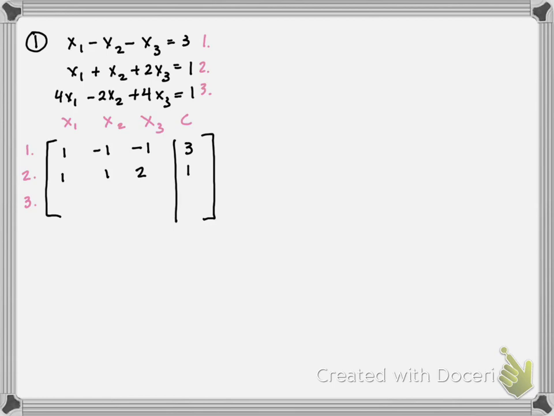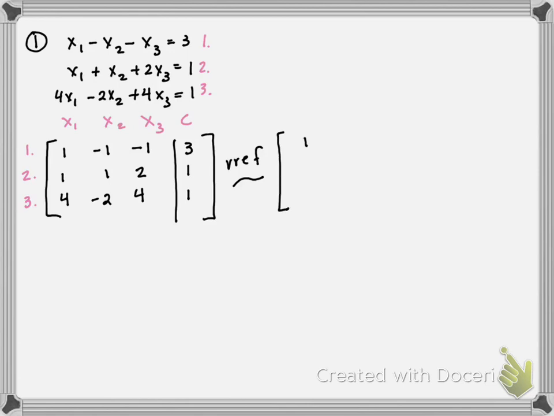And in the third equation, we have 4x1, negative 2x2, 4x3, and 1 is your constant. So now we're going to put this in the calculator, and we're going to ask the calculator to calculate the reduced row echelon form.